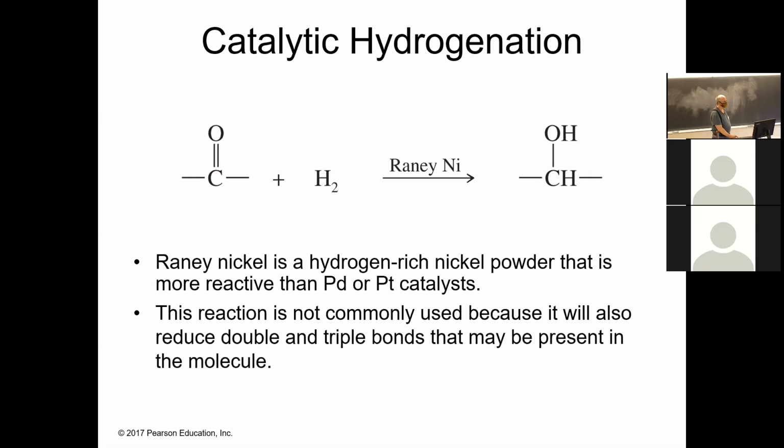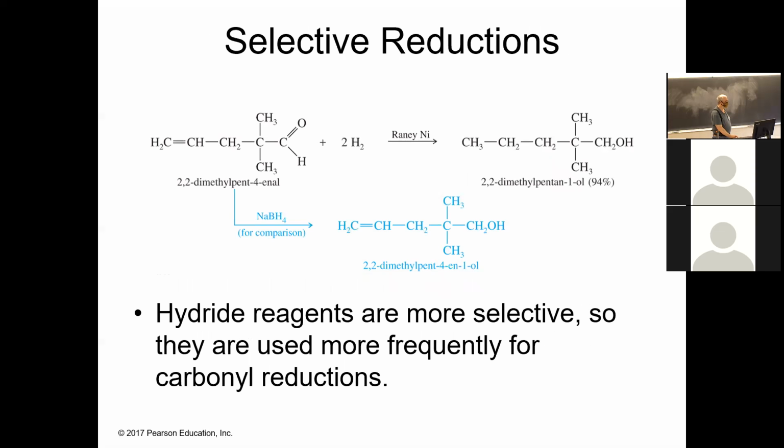Catalytic hydrogenation with Raney nickel can produce alcohols from aldehydes and ketones. This doesn't work with carboxylic acids or esters. Raney nickel also reduces alkene groups and alkyne groups. Let's back up.